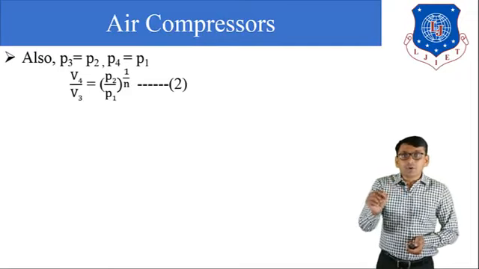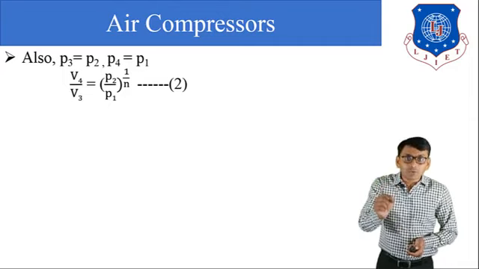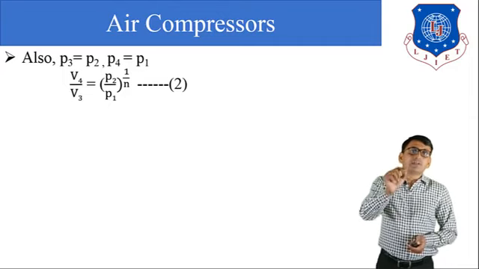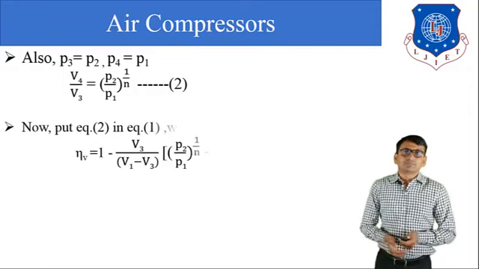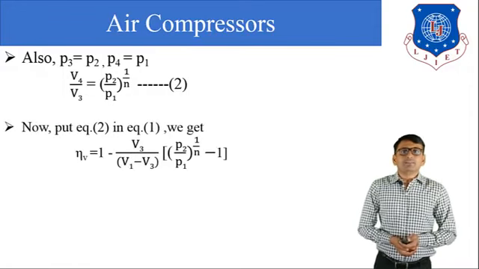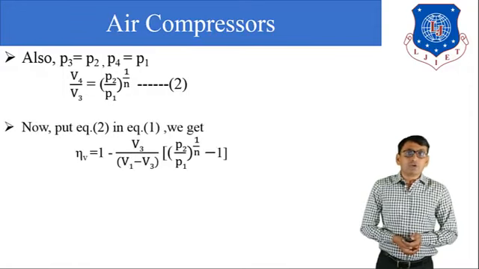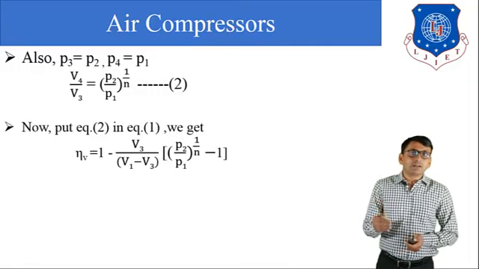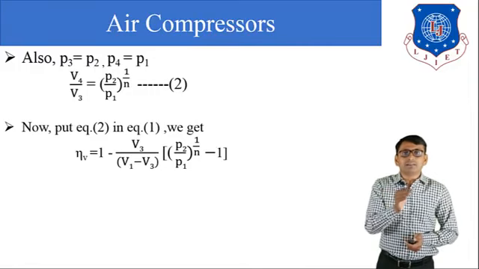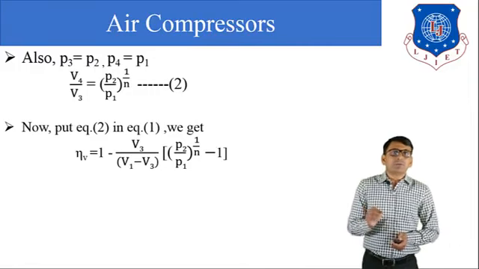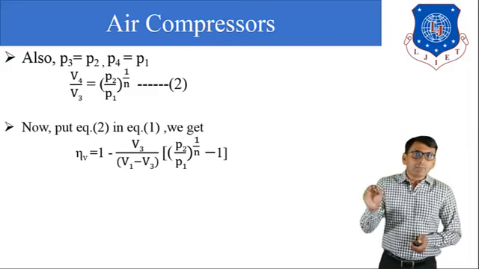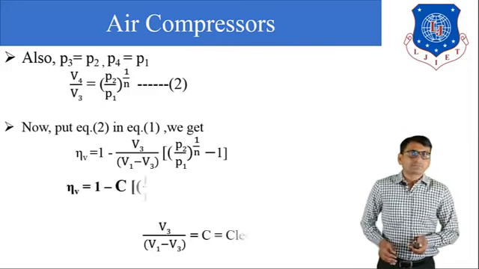So V4 by V3 is equal to (P2 by P1) raised to 1 by n. That is equation 2. Now put equation 2 in equation 1.